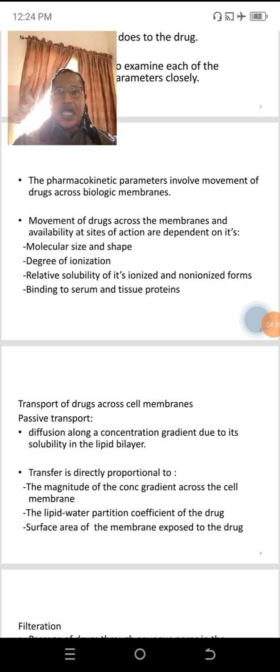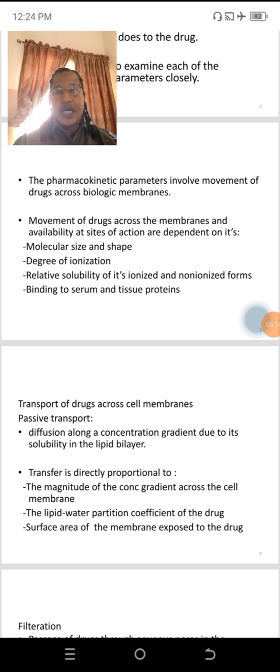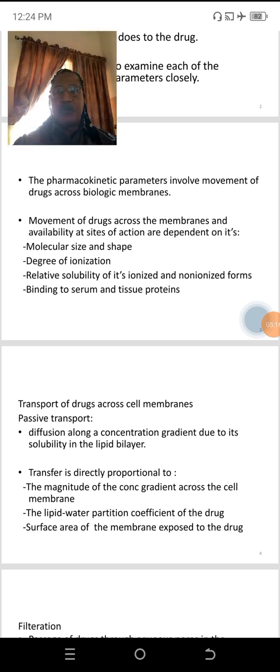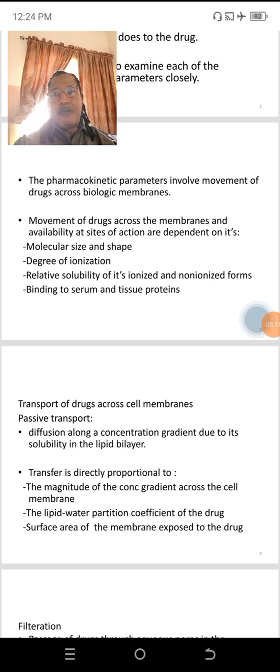It is the same thing here. Diffusion is movement of drug from an area where the concentration is higher to an area where the concentration is lower. So it is along a concentration gradient. And this is due to its solubility in the lipid bilayer.